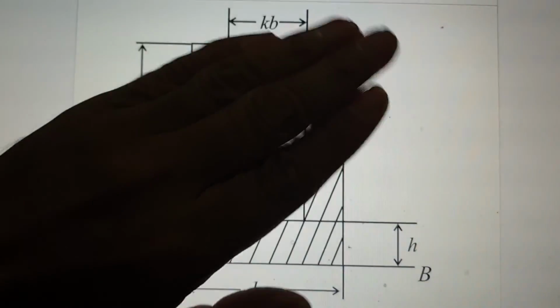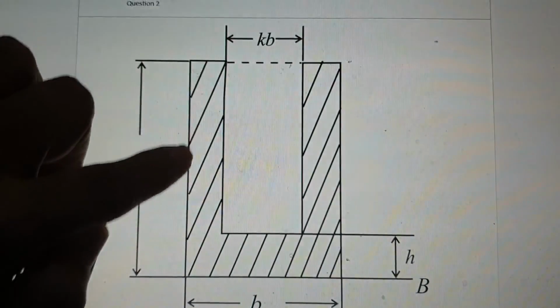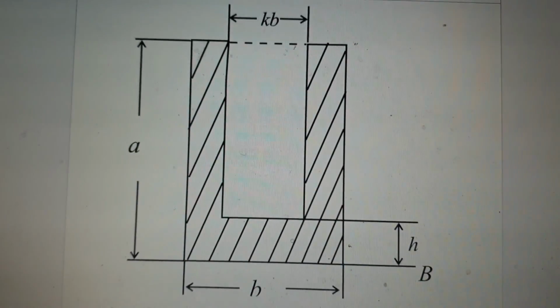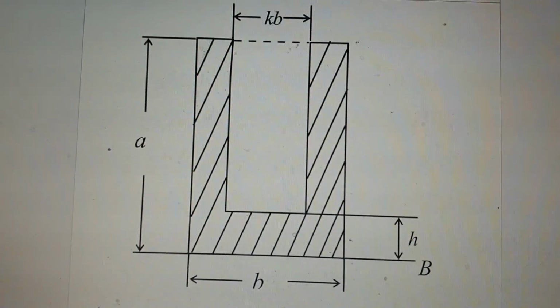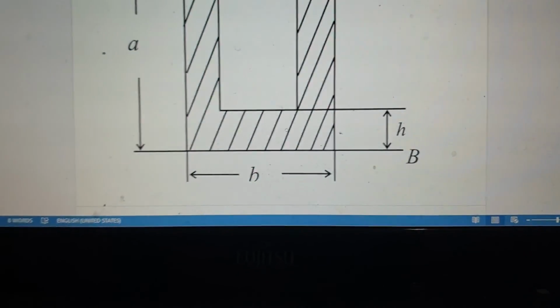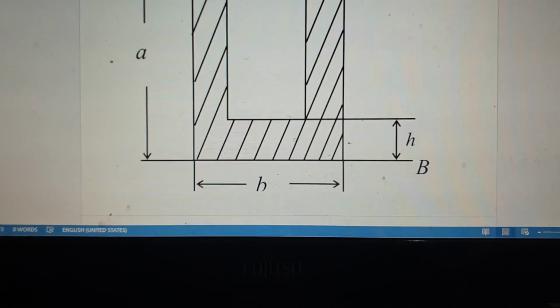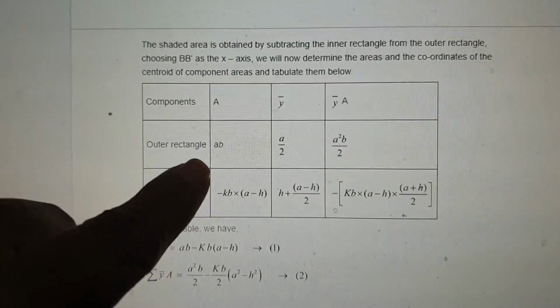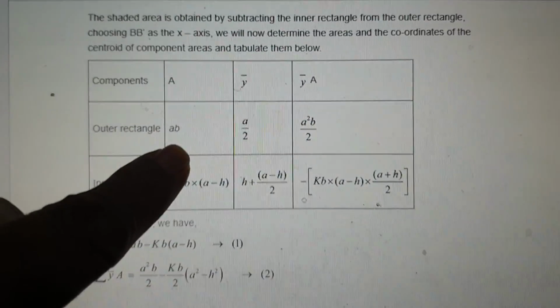So initially, I'm going to take the whole rectangular. See this rectangular? What's the area? A times B. That's the area of a rectangular. The area of this outer rectangular is A times B.